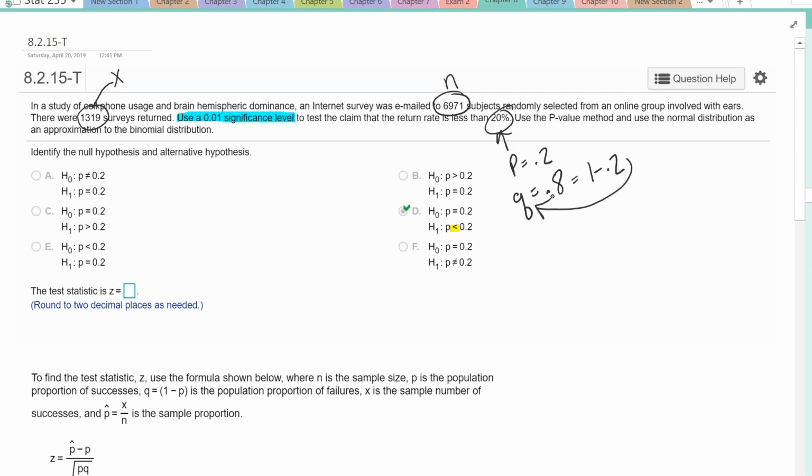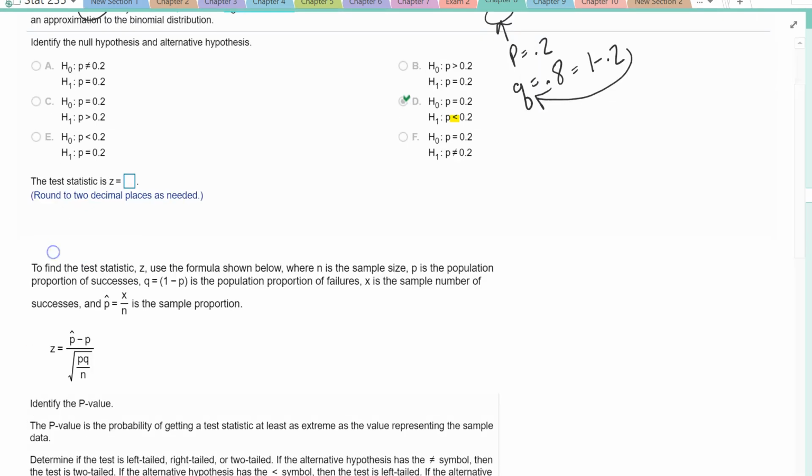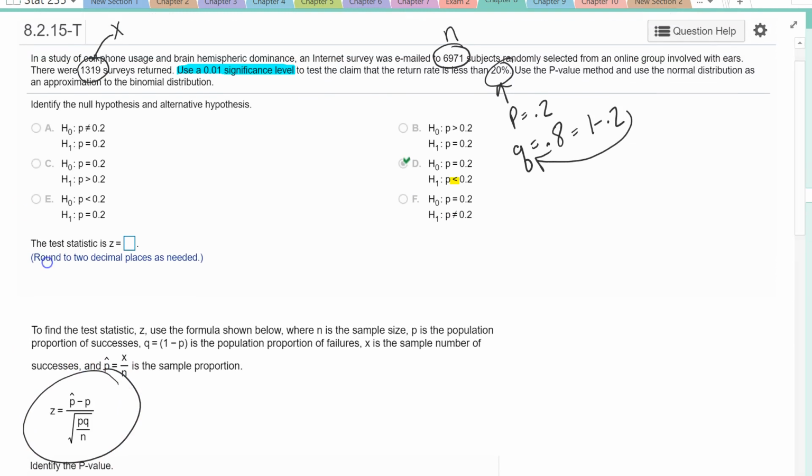Then we're going to use that z value we're calculating in this formula to look at the normal distribution to approximate the binomial distribution, to see if there is significance or not.